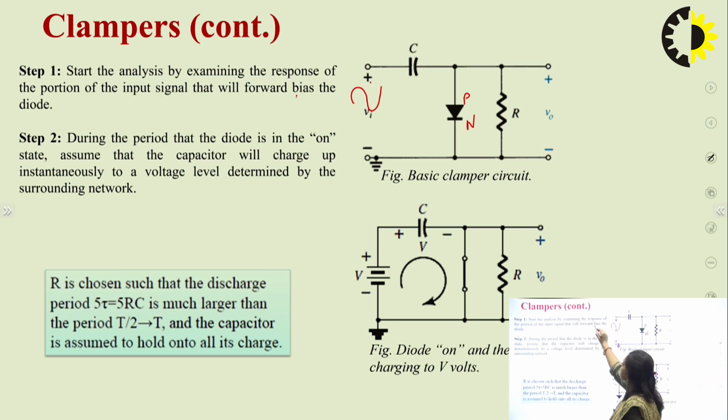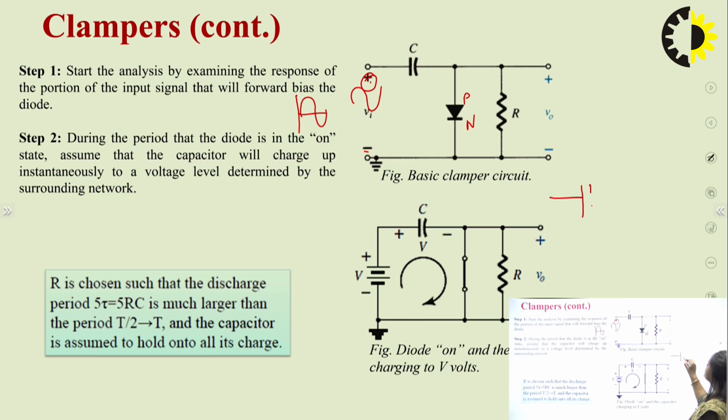So if this is our input sine wave, the positive cycle will be here and the negative cycle will be here. In the positive cycle, this diode will be forward biased, and the capacitor will be charging. So this circuit will be in this way. Like we can see, this is our capacitor and the diode has been shorted.